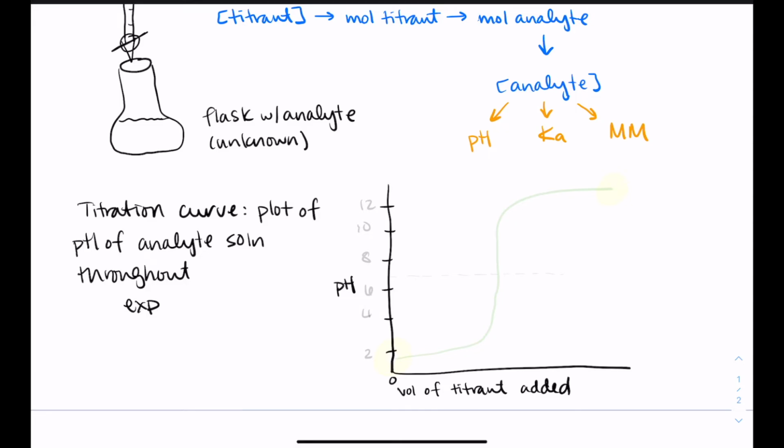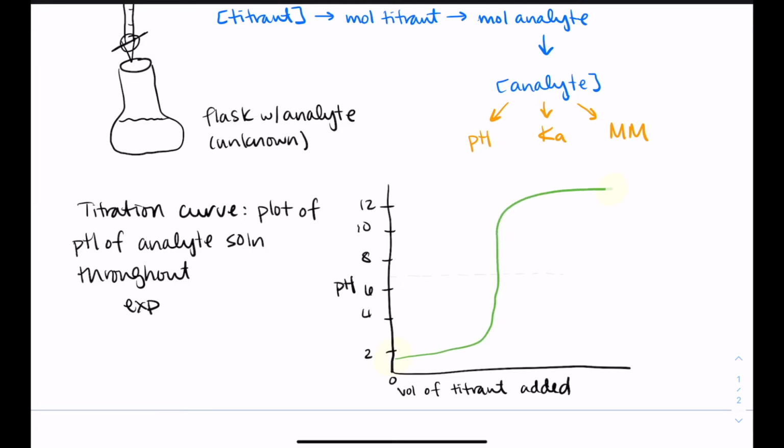So the curve that we're going to look at, I've got my pH range on here, I've got my volume of titrant added. If I had a weak acid or a strong acid, what do I have here? Yeah, a strong acid in my analyte flask, 0 titrant added, I would expect to start at an acidic pH. And I do, and that's what you should see.